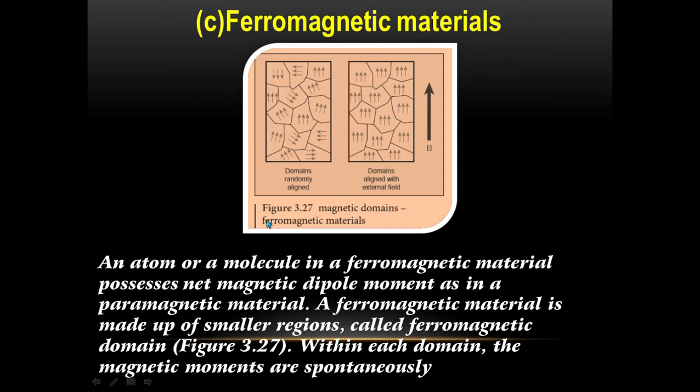An atom or a molecule in a ferromagnetic material possesses a net magnetic dipole moment as in a paramagnetic material. A ferromagnetic material is made up of smaller regions called ferromagnetic domains. Very, very important point, note it down.